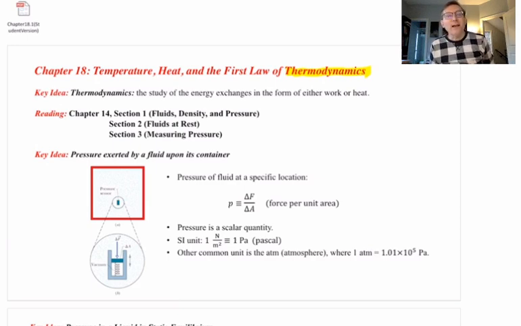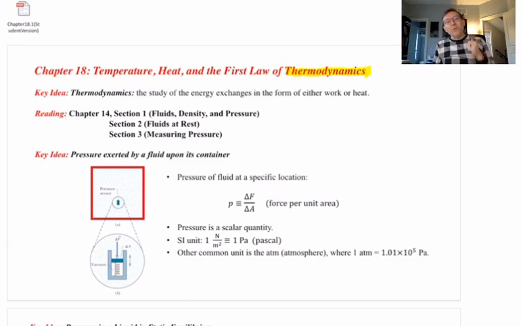And I described work as the energy exchange between a system and its environment or surroundings by means of a force. That's going to be important in thermodynamics, since thermodynamics is about energy exchanges. So one way you have an energy exchange is by means of a force, and we call that process work.